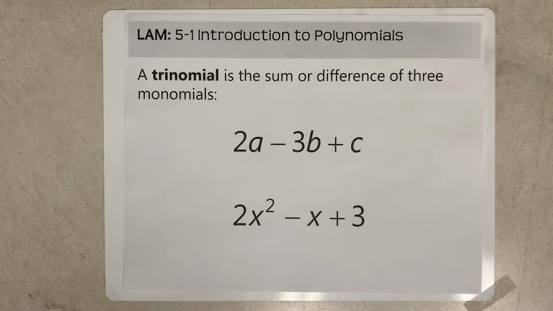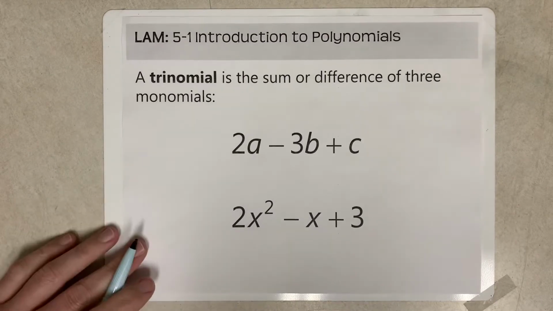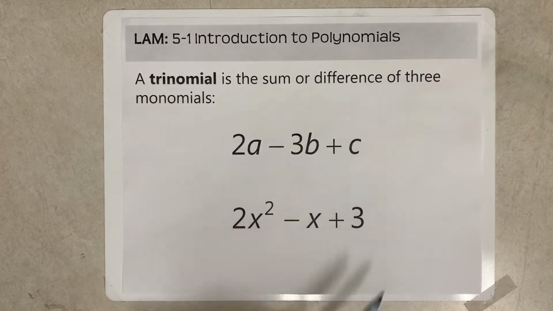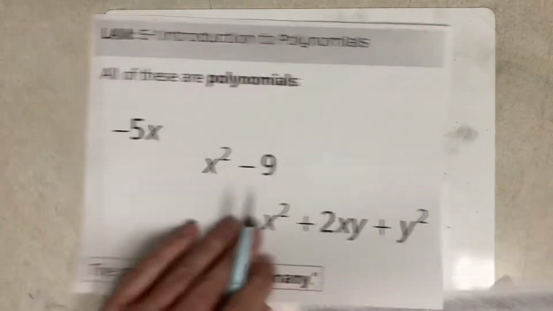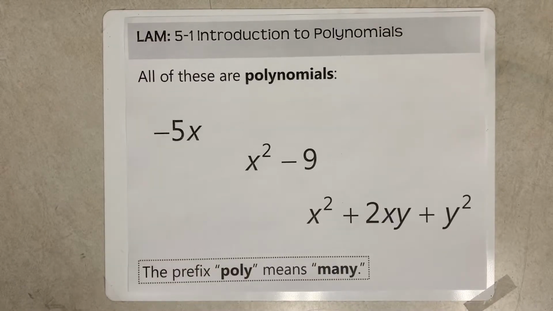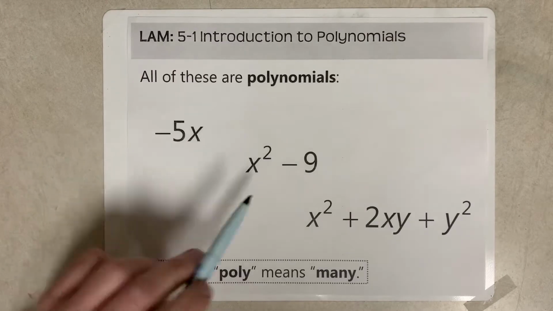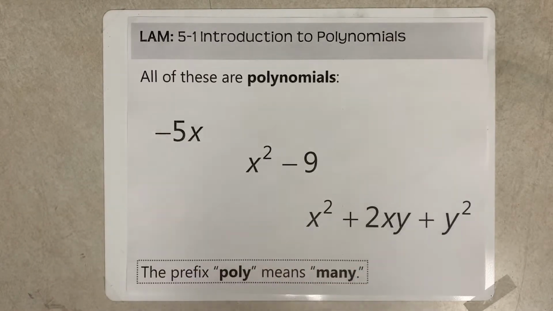A trinomial has 3 terms. So you have a sum or difference of 3 monomials. Here you have 3, and here you have 3. And all of these are what we call polynomials, and poly means many. So it can have 1 term, 2 terms, 3 terms, as many as you want.